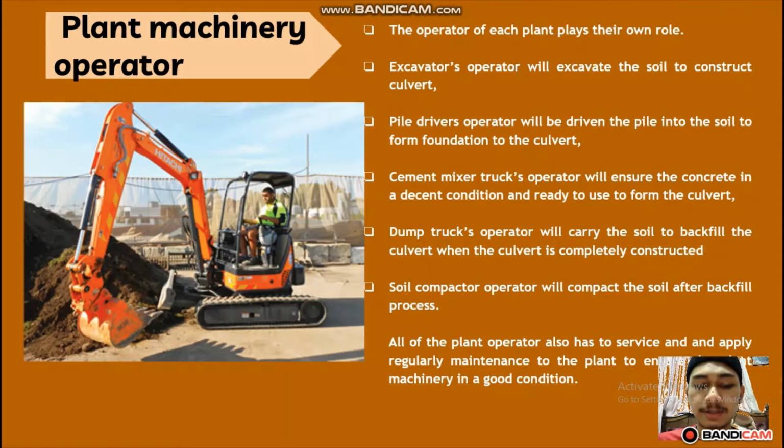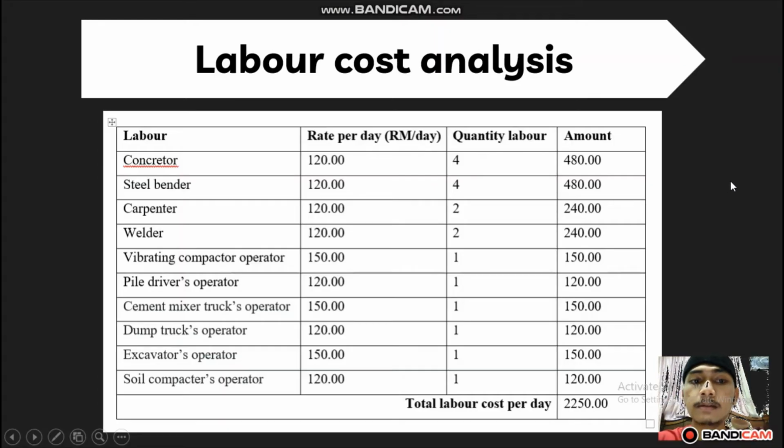a good condition. For the labor cost analysis, the concreter, steel bender, carpenter and welder will cost RM120 per day. The vibrating compactor operator, cement mixer truck operator and excavator operator will cost RM150 per day, while the pile driver operator, dump truck operator and soil compactor operator will cost RM120 per day.